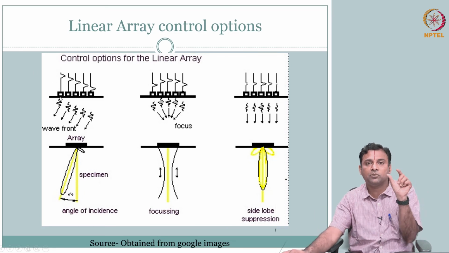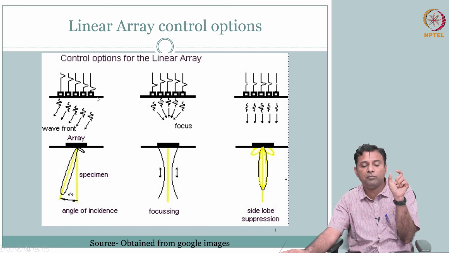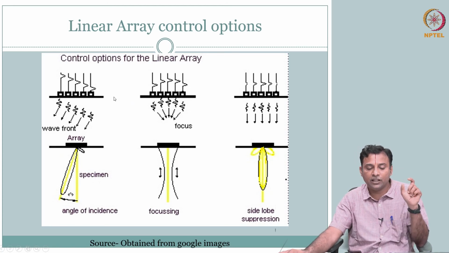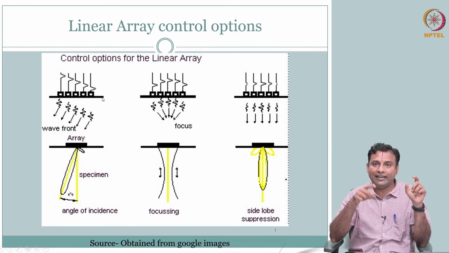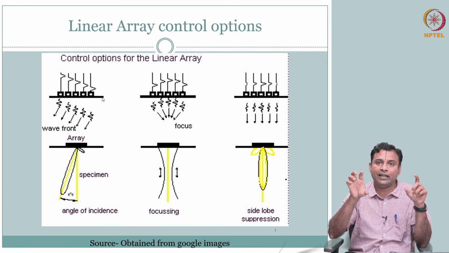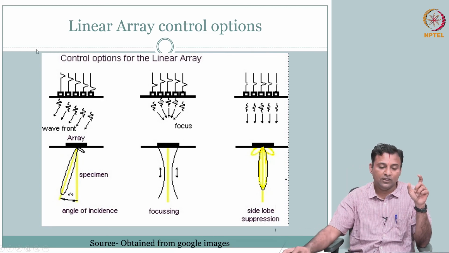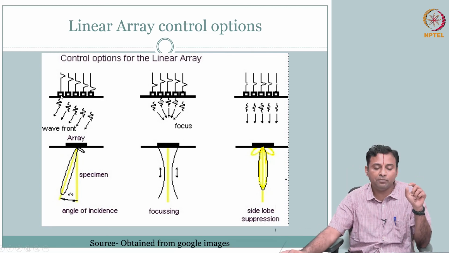Now my elements are getting smaller and smaller, and many of them are placed next to each other. Instead of having one full transducer surface where we integrated over the full surface area S of x comma y, right, S of x naught comma y naught, here you have many of them. So I could actually integrate only over the small area. So in some sense there is a localization.